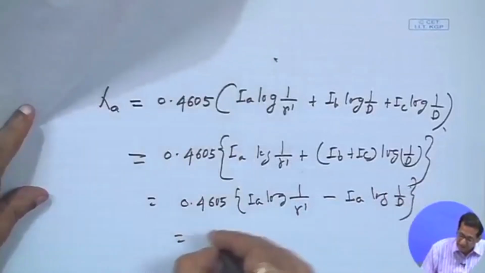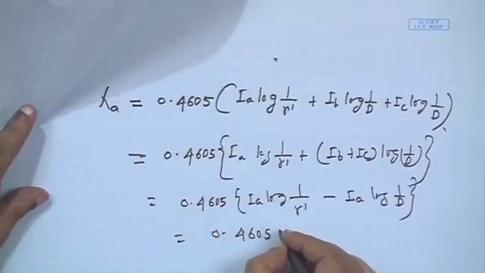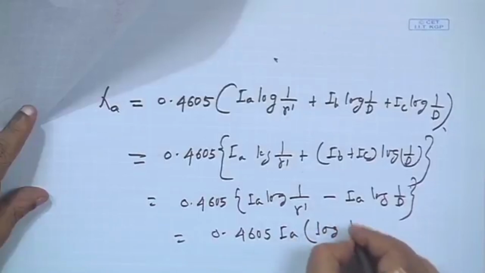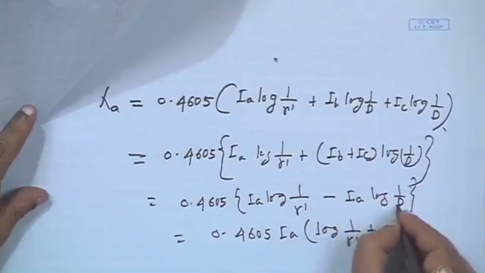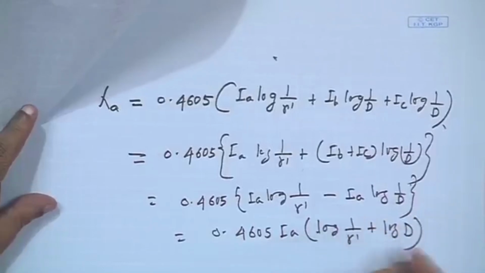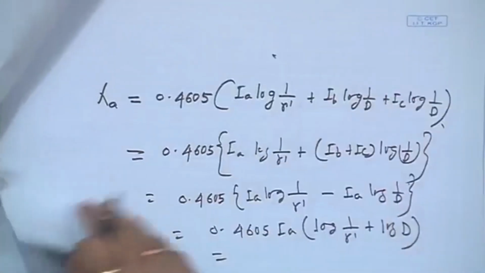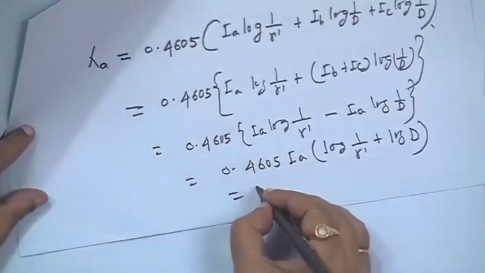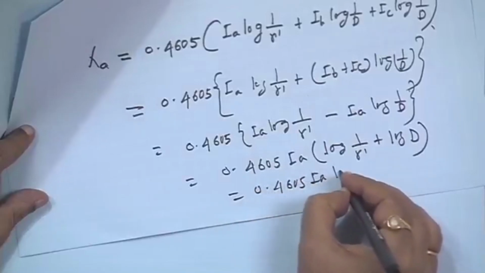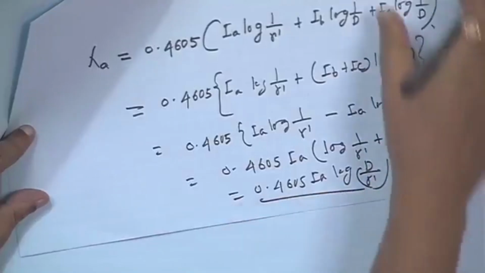So, this one you can write 0.4605, IA common, log 1 upon R dash, now minus log 1 upon D, so we write log D. So, minus has become plus, which is equal to 0.4605 IA log D upon R dash, right.